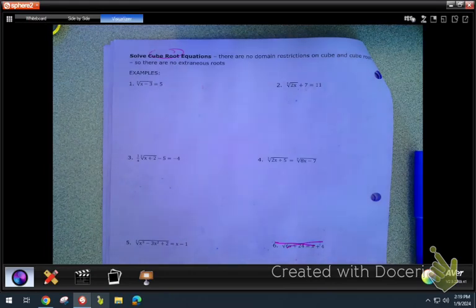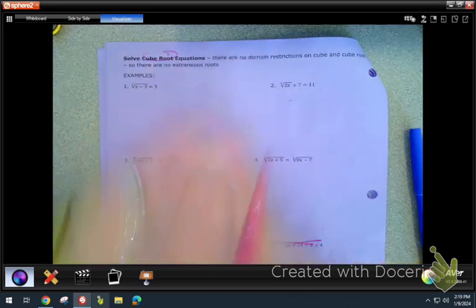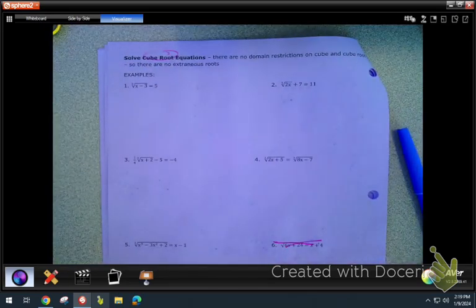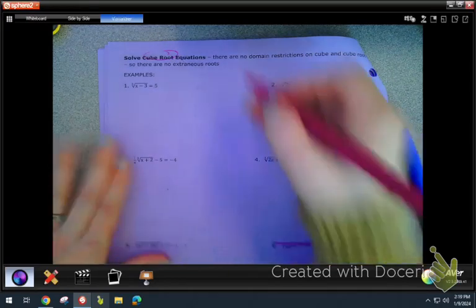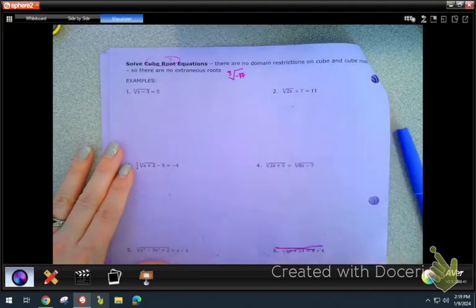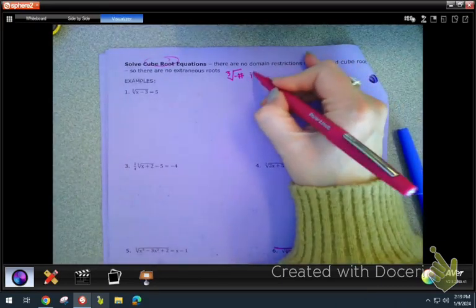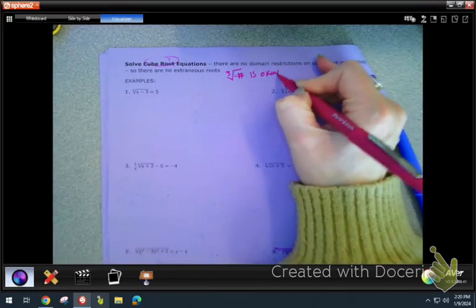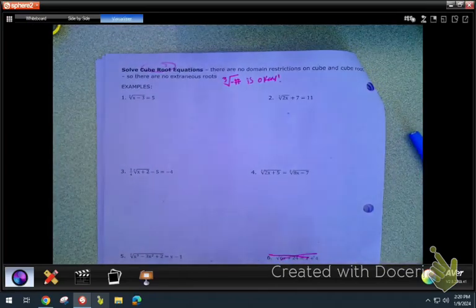What is nice about these, and I'm going to write this at the top, is that these are odds. Remember I said odds are easy. Their domains are all real numbers. There's no restrictions. So that means that a cube root of a negative number is okay. You're able to do that. The cube root of a negative number will be a negative.